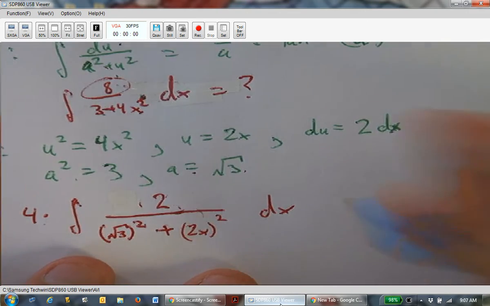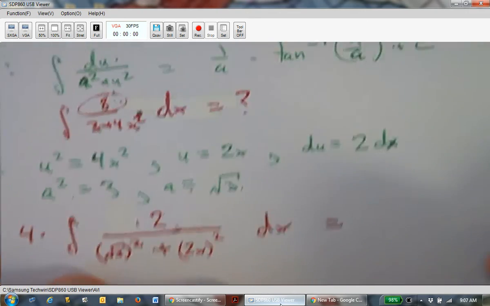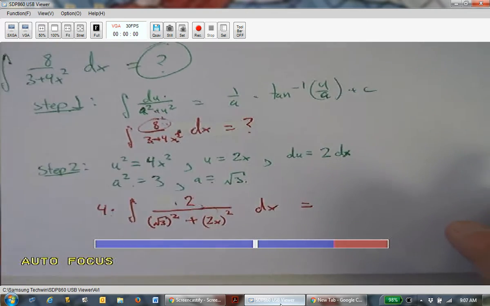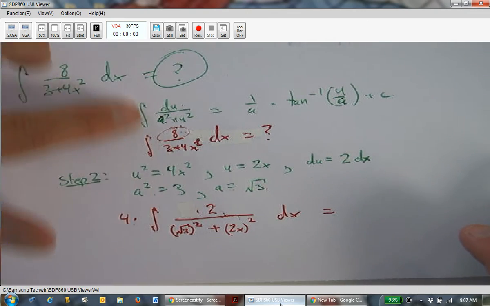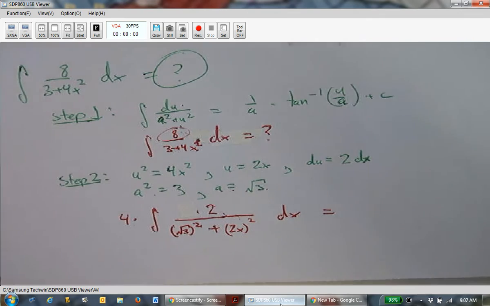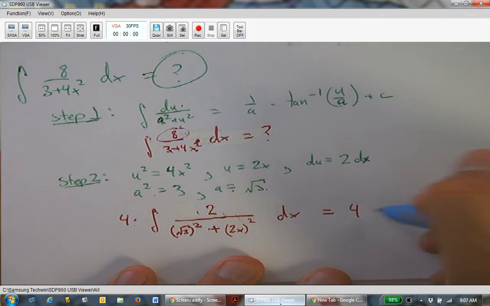So now I can write the solution. Going back to my general form, I'm sorry to keep going back and forth. It will make more sense once you do more of these problems. It's not as hard as I'm making it out to be. The 4 stays in the very front.